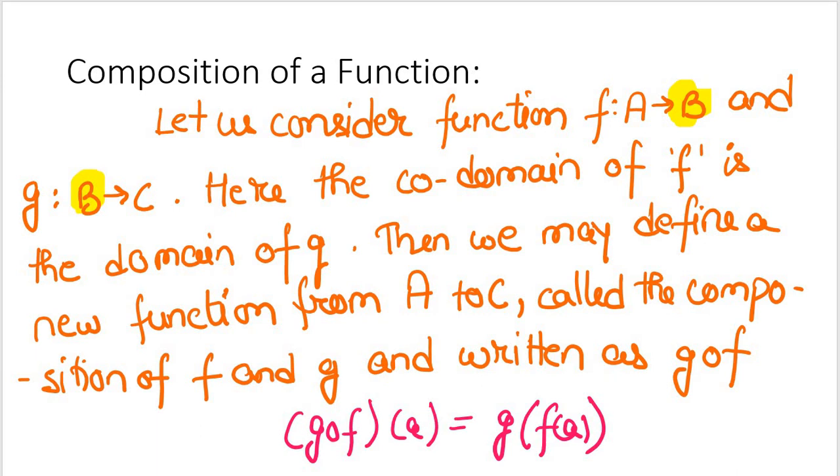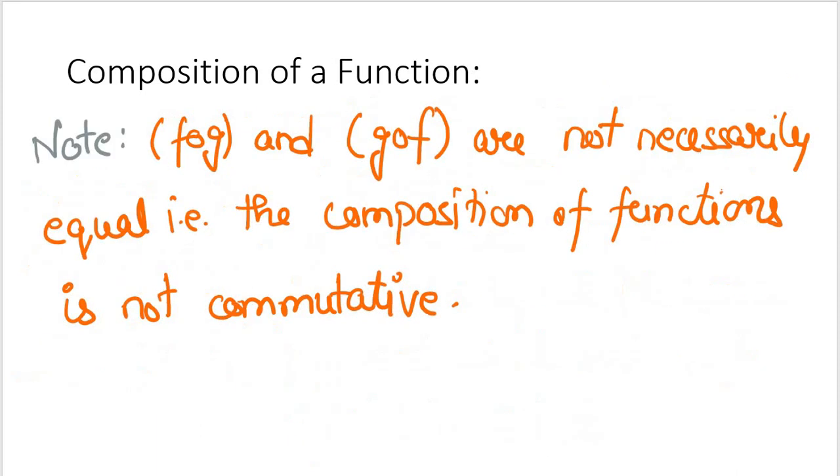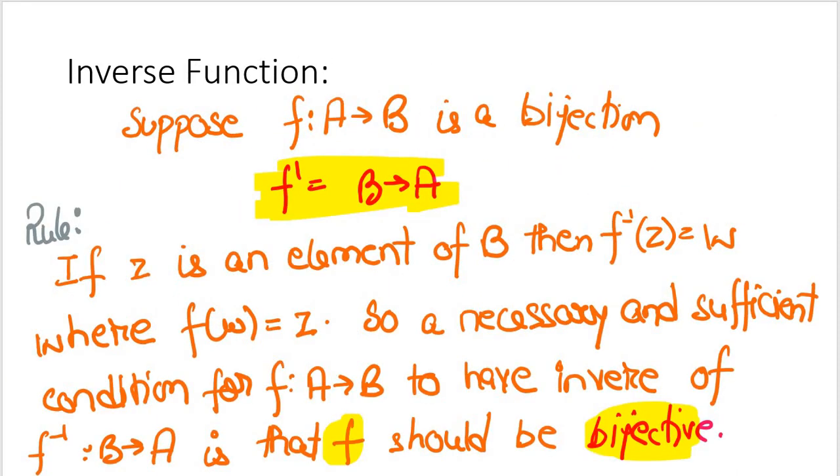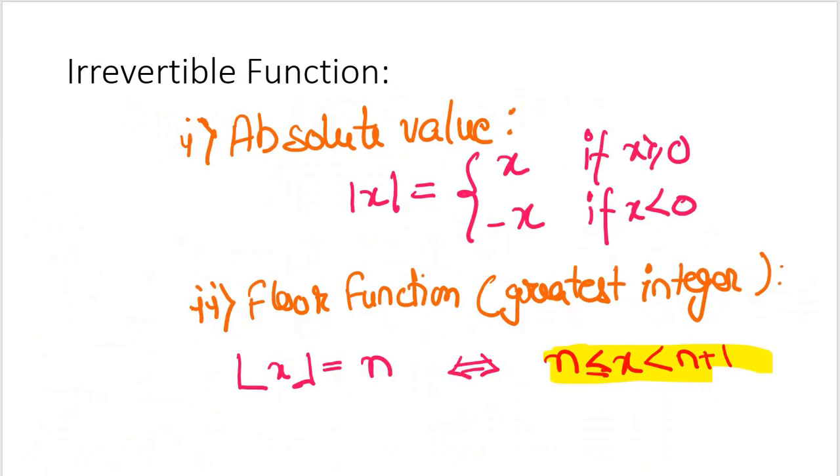and then we looked into some basic examples, and we talked about fog and gof, and afterwards we talked about the inverse function, where we said that if a function f is bijective, then only can we go ahead with the inverse.